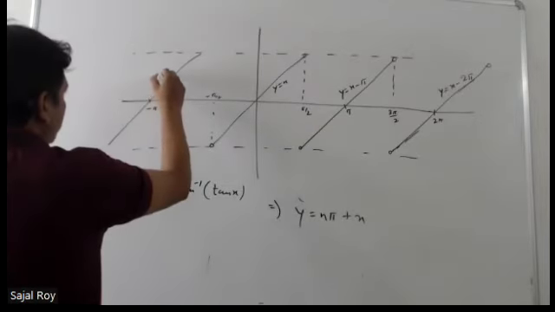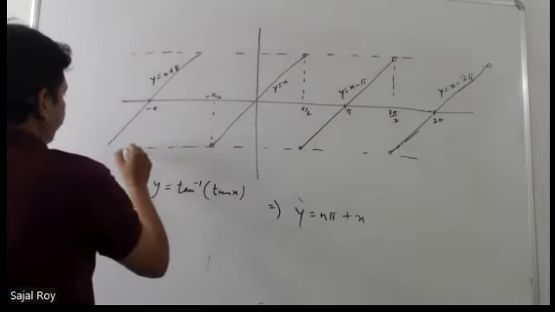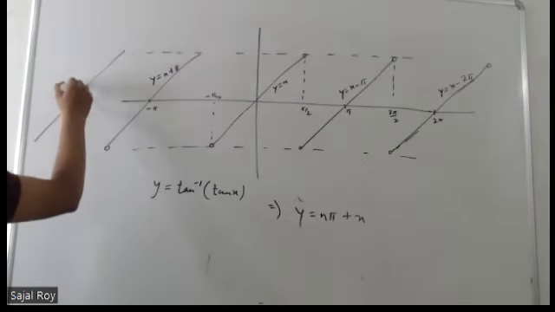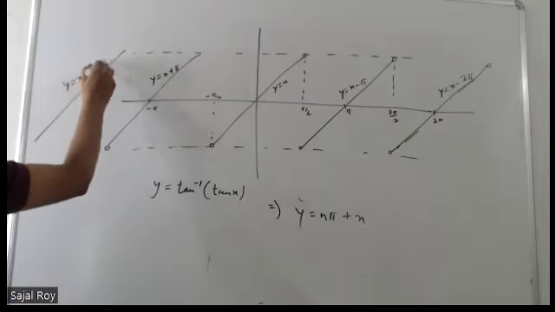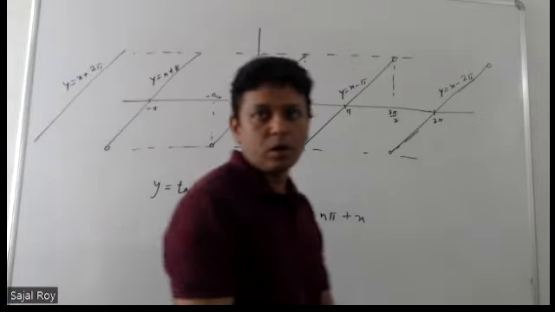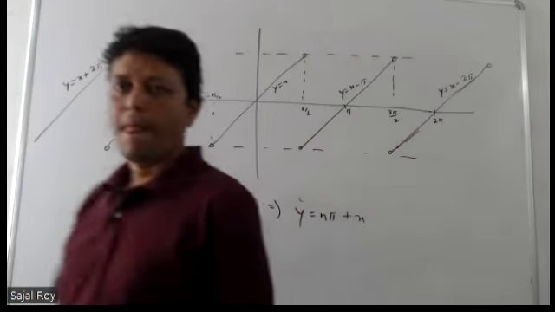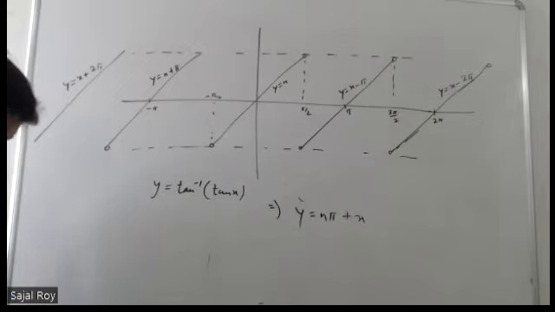Y equal to x plus pi, y equal to x plus 2 pi, y equal to x plus 3 pi, and so on. These are the discontinuous. Clear? Okay? Got it?